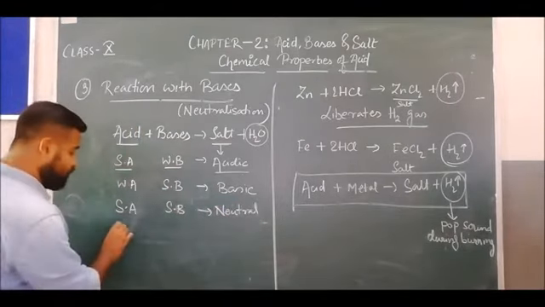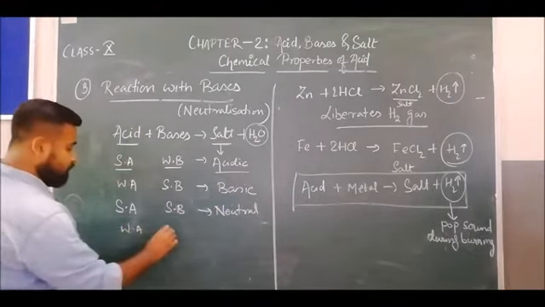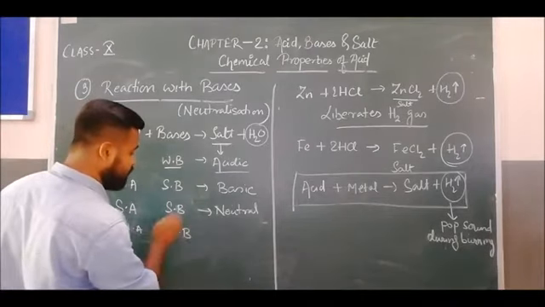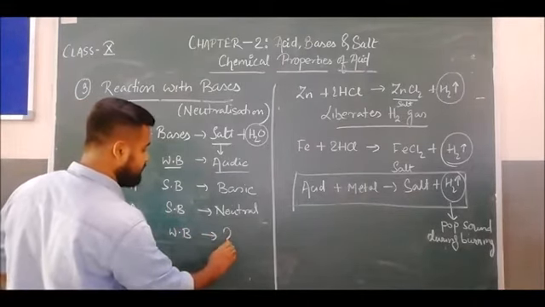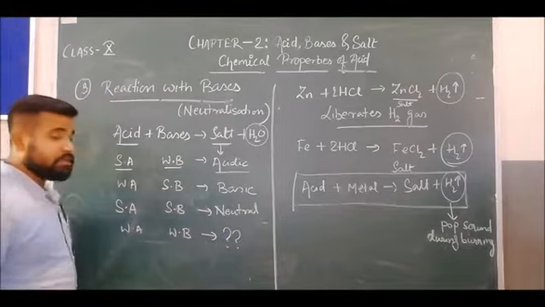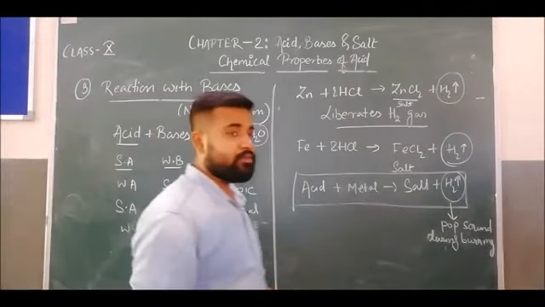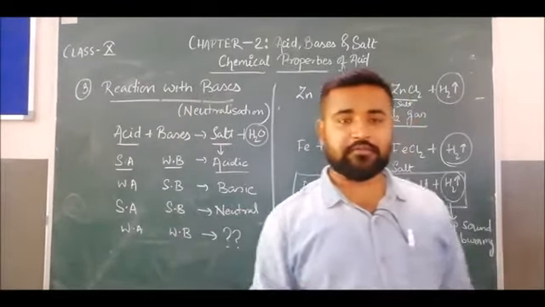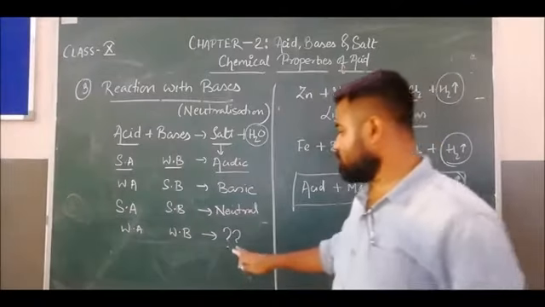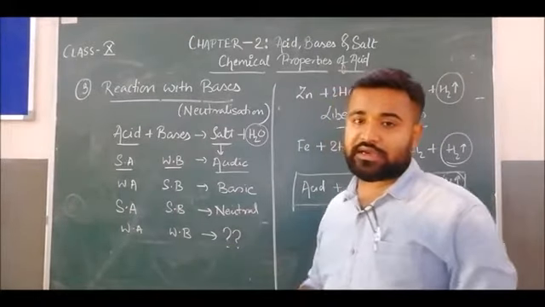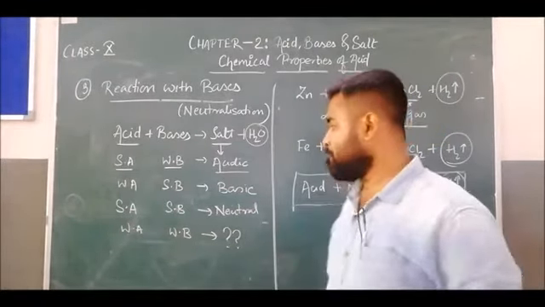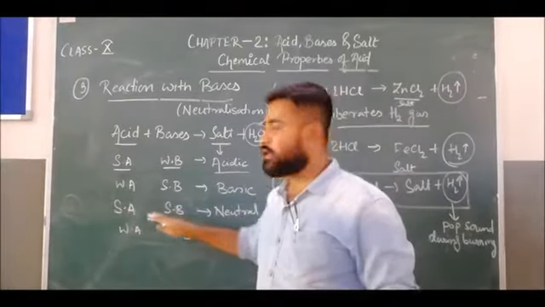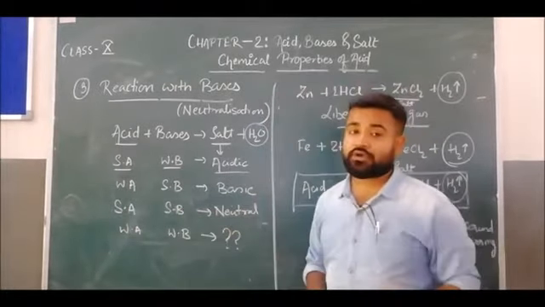Now you will ask, what about weak acid and weak base? They are not able to dissociate, that's why this is unknown. Weak acid and weak base cannot dissociate and form the salt, so we can't say exactly whether it is acidic, basic or neutral. But in case of strong acid and strong base, it gives a neutral salt.